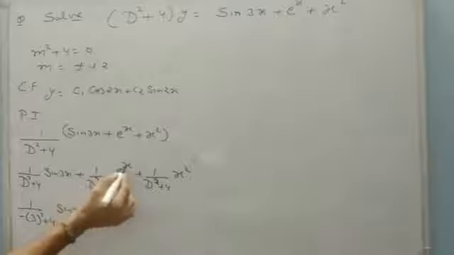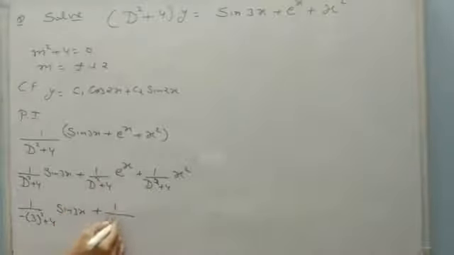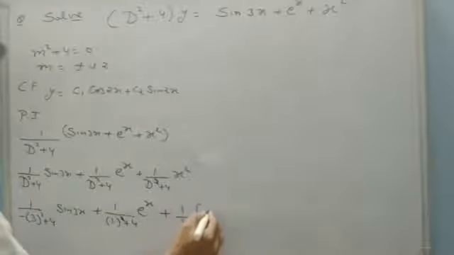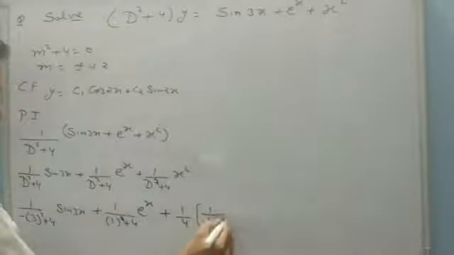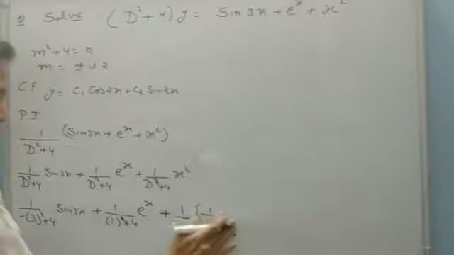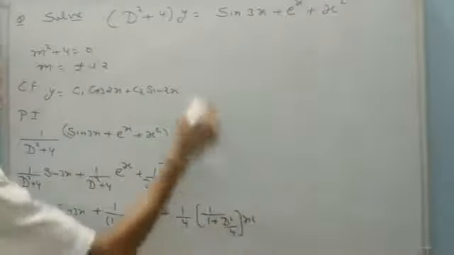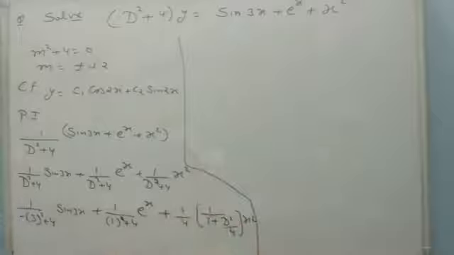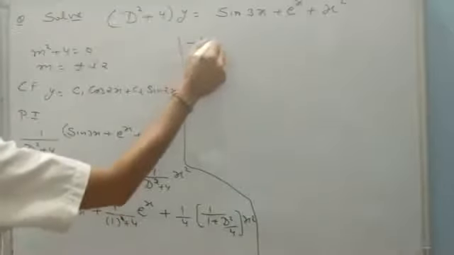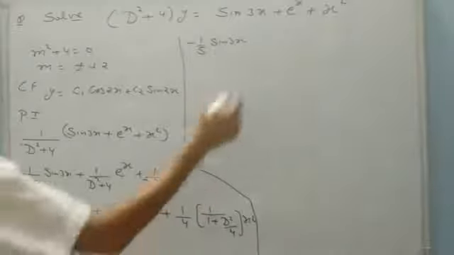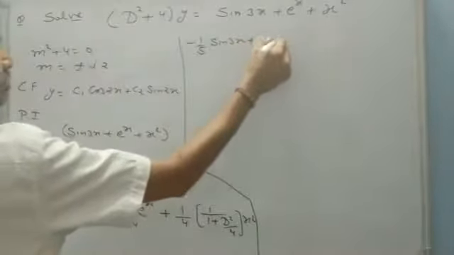Here coefficient of x is 1, put here, that will be 1 square plus 4 e to the power x. But in this case I have taken 4 as out, it will become 1 upon 4 [1 plus D square by 4] of x square. Now for doing ahead, it will become minus 9 plus 4, means minus 1 by 5 sin 3x. It will become 1 plus 1, 4, 5, is 1 by 5 e to the power x.